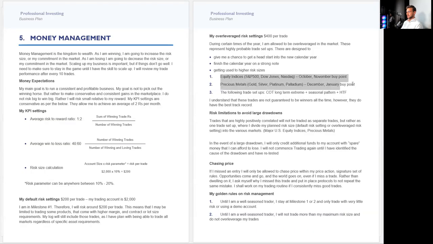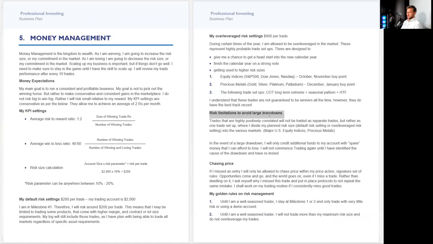Some examples are equity indices in October and November, and precious metals in December, January. Both are buy points. Those will not work every time, and those trades in general will not work every time, but they're the most consistent trades that I personally have and that I have seen work for many people most consistently. So these are the ones we can over leverage on.